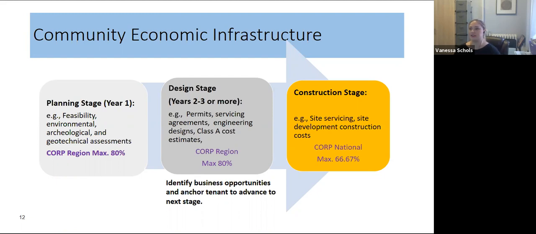And then during the design stage, you can also again apply to the regional for things such as permits, servicing agreements, engineering designs, and cost estimates. And during this time, you may be doing some marketing in order to secure anchor tenants. So that's also something that would happen over the course of year one to year three. And then finally, the project is construction ready, and that would go through the national process.